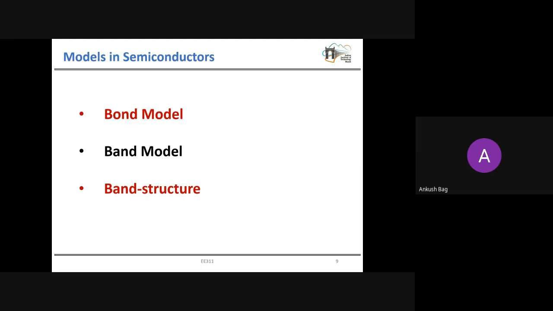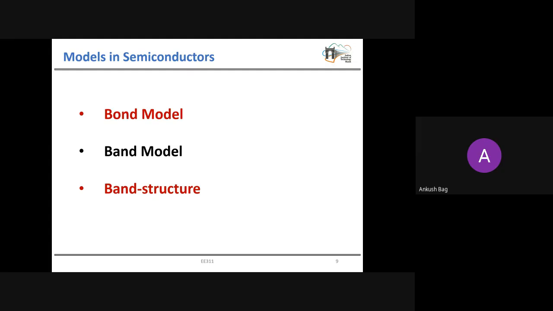Another thing I'll mention at this point: these are the ways to discuss a semiconductor problem, and sometimes we need all these models to discuss a particular phenomenon of a particular semiconductor. At the beginning, I'm trying to give an overview of all these models. Then to discuss a particular problem, we'll take help from all of them.